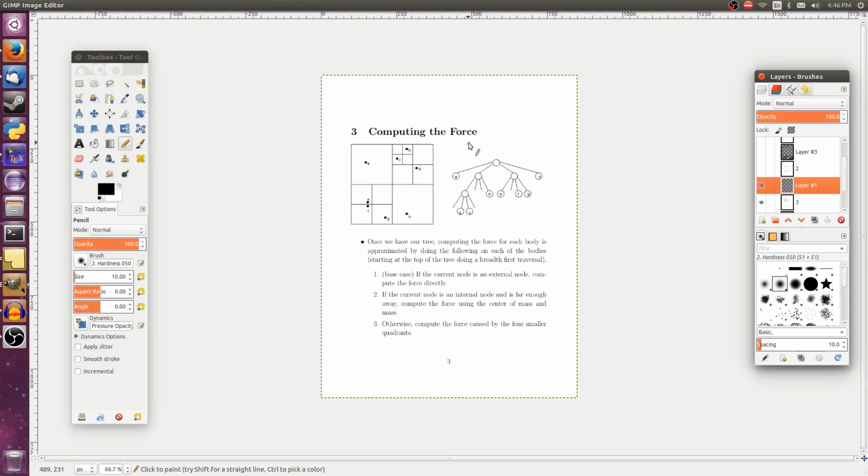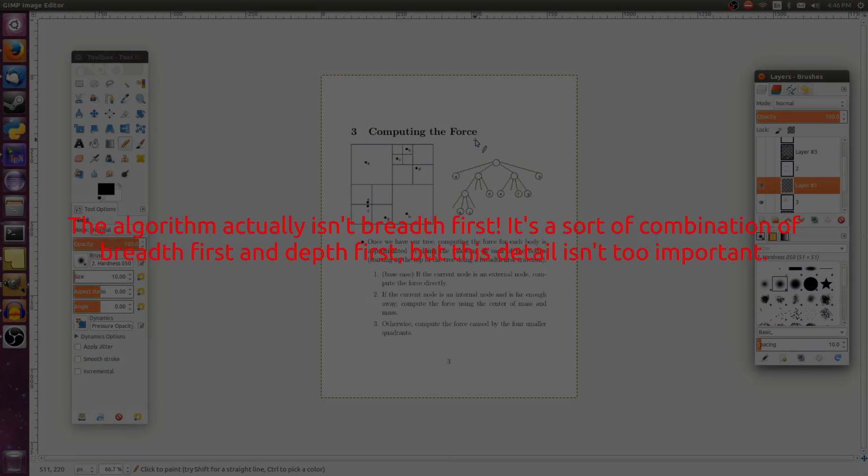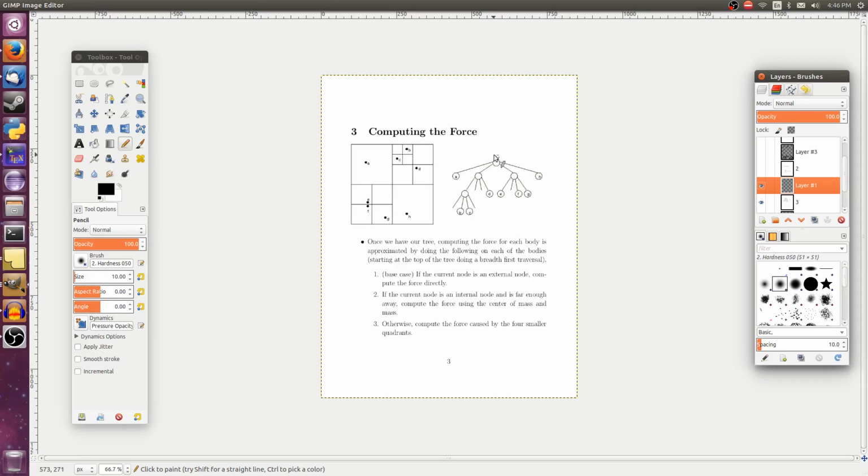So for each of the bodies that we intend to simulate, we're going to do this breadth first traversal of the tree that we end up with. So this tree right here, for this example.